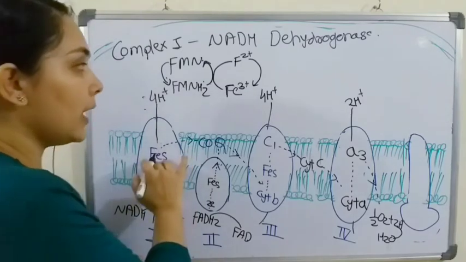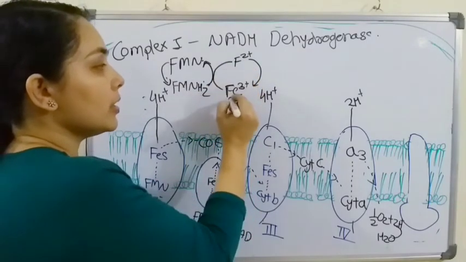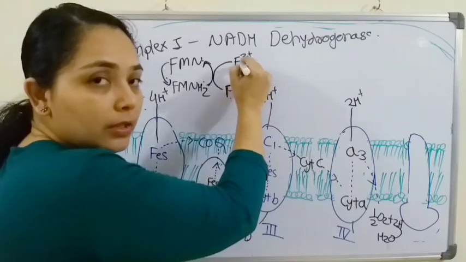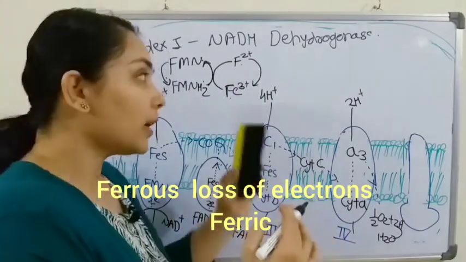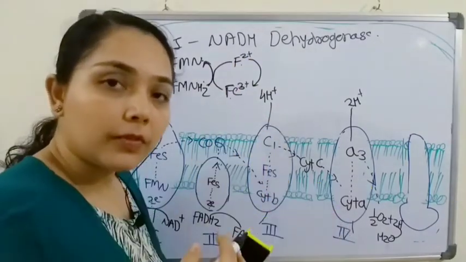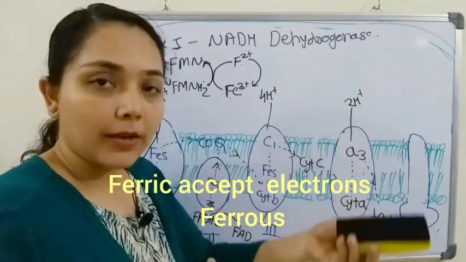After accepting the electron, the ferric form will convert to the ferrous form. This way the continuous cycle of oxidation reduction takes place. Again it will donate, converting back to the ferric form, and will donate to another FeS cluster.